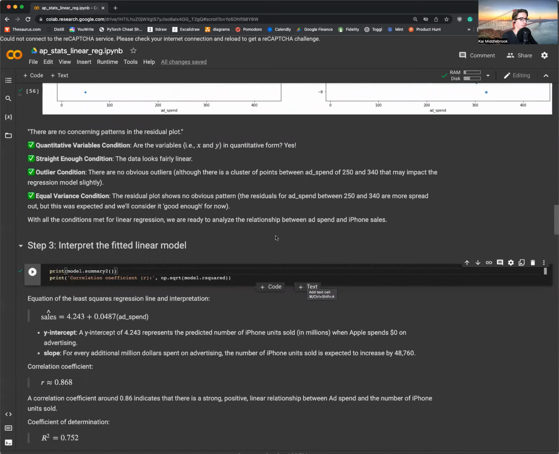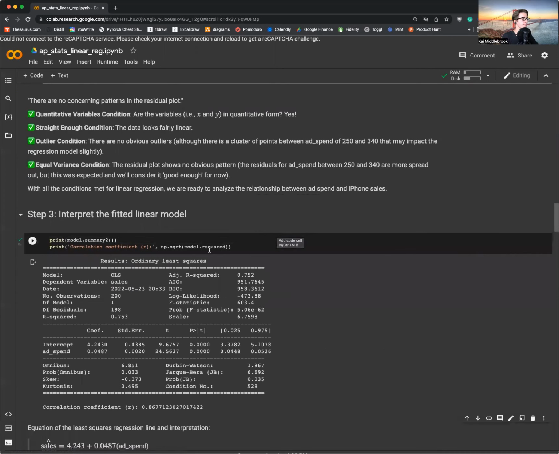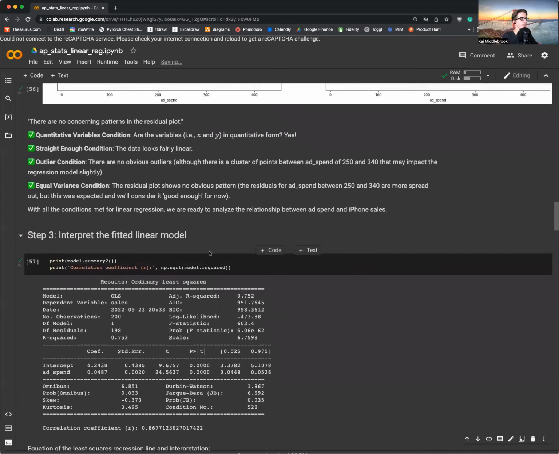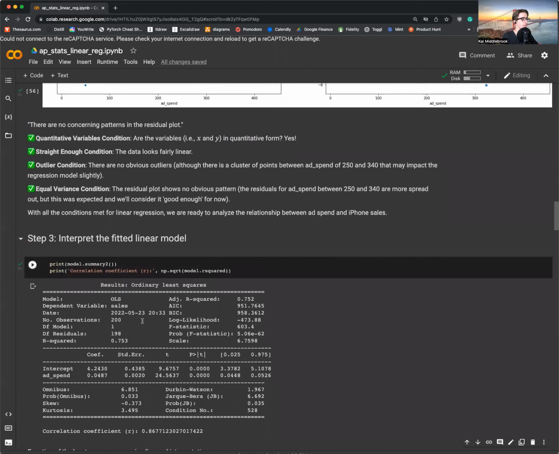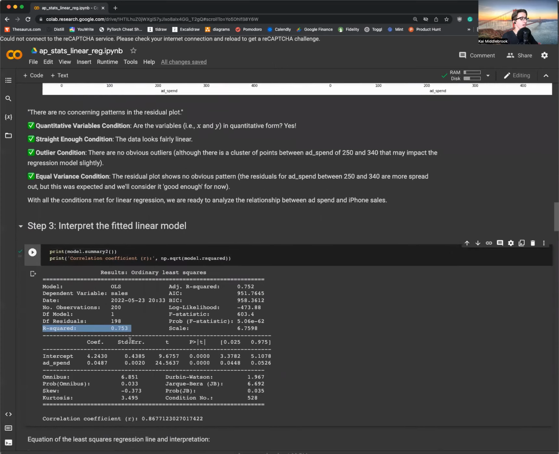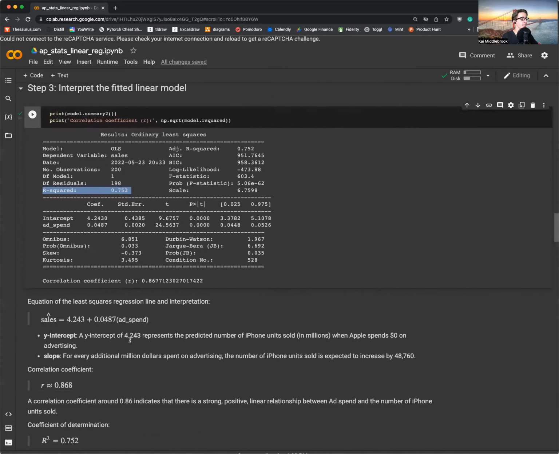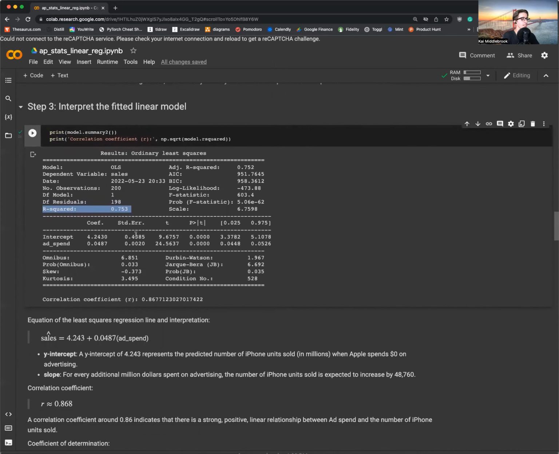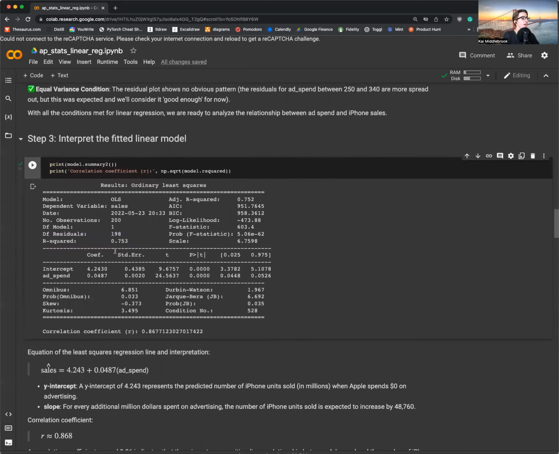Here we're going to print out some descriptive statistics about our model, and then interpret them. Okay, so in this printout, we can see a few things. Don't worry, all we really need to pay attention to and understand is this, right? We want to understand this R squared value. And that is the coefficient of determination, as you might know and recognize.